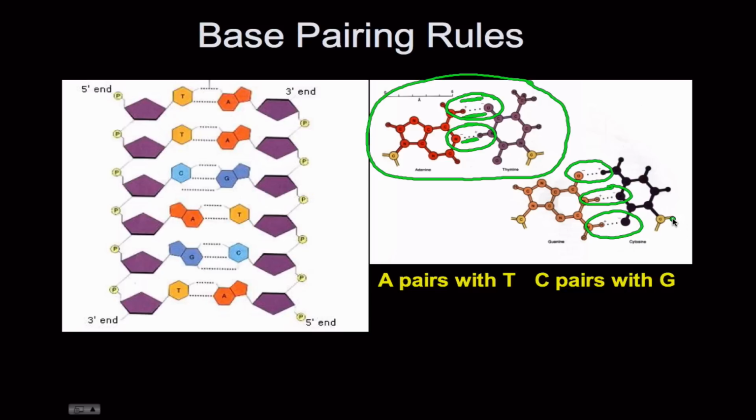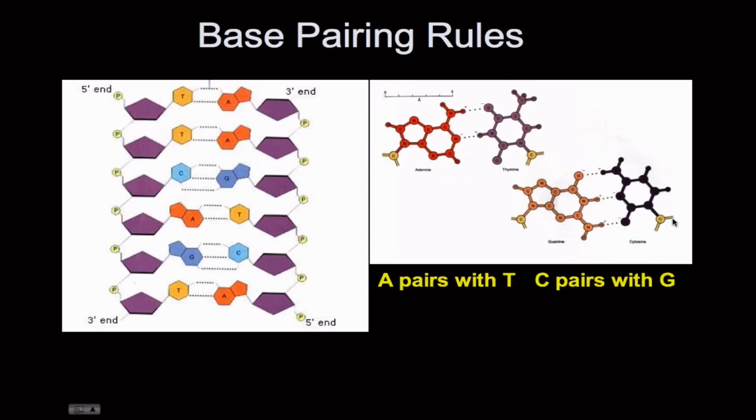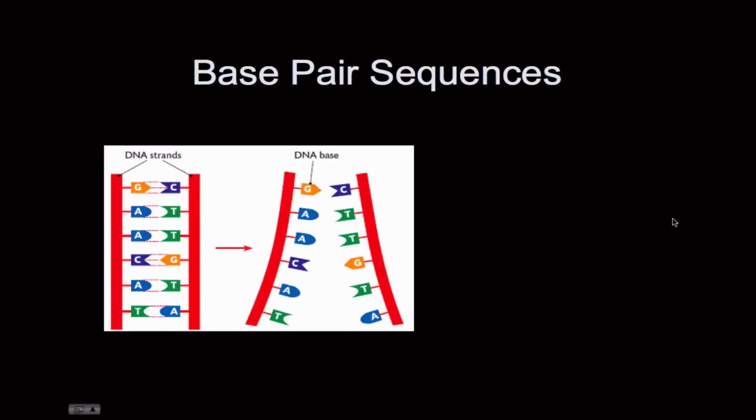It's a rule, and it actually helps us a lot in figuring out these base pair sequences, because if we have a strand of DNA, so here we have this strand right here, and it goes G, A, C, A, T. We know what that complementary base pair has to be. We know what that other strand has to be.